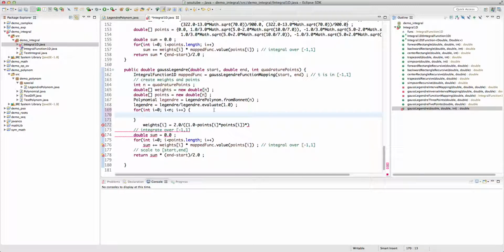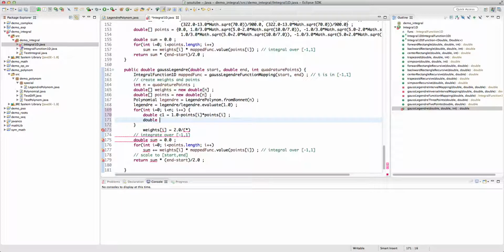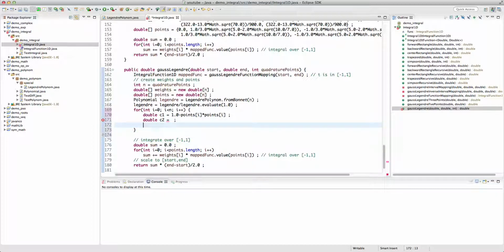Let's double c1, 1 minus point I squared, and then double c2, and then eventually weight I is equal to 2 over c1 times c2, and c2 is basically the Legendre.